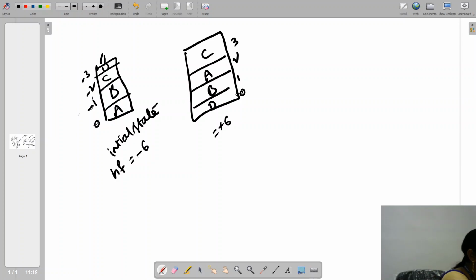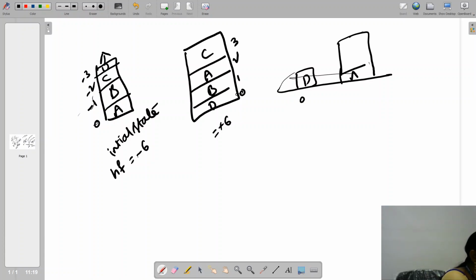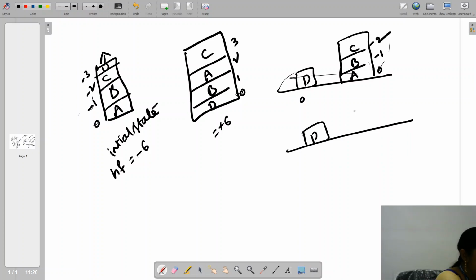So first of all, what is the topmost value? D. Keep the D here, and this is 0. And what are the rest of the elements here? The rest of the elements are A, B, C. Keep it as it is, 0, -1 and -2. Now again take D and keep C. So here I am keeping C out and I am writing A, B, and this is 0, -1, and I am keeping it on the floor, and I am writing 0.